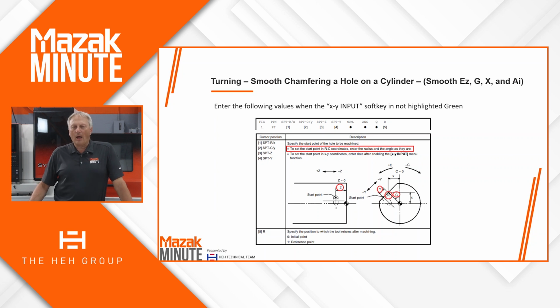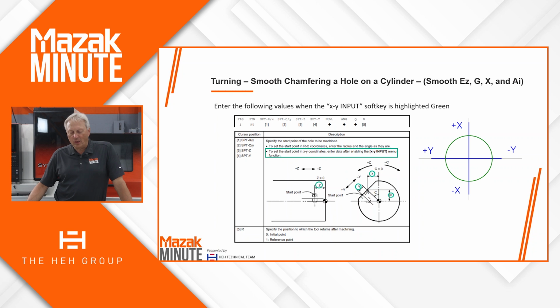If I go counterclockwise, that would be a positive C axis. If I go clockwise, it would be a negative C. You can see I have circled the radius, R, the C being the degree, the Z being how far into the face of the part we're going to machine the hole, and the Y would be the offset from the center line.